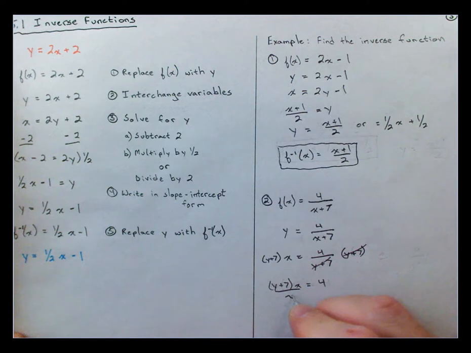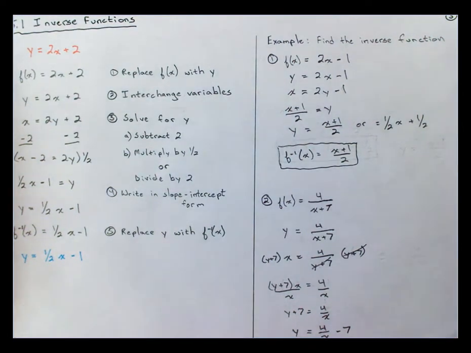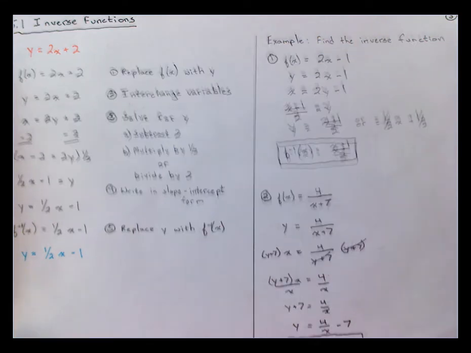Divide both sides by x. I have y plus 7 equals 4 over x. Y equals 4 over x minus 7. Write it using inverse notation. And there we go.